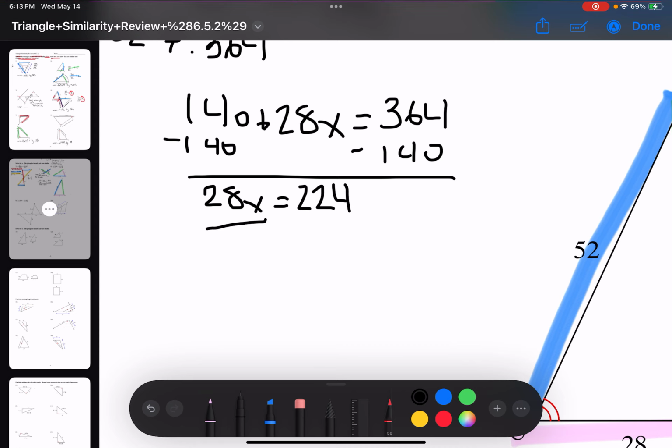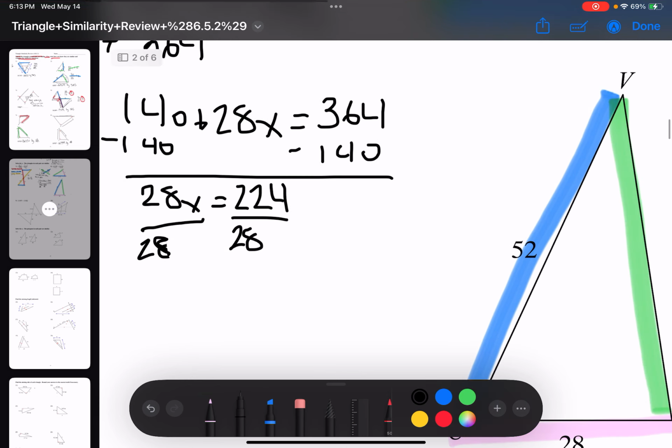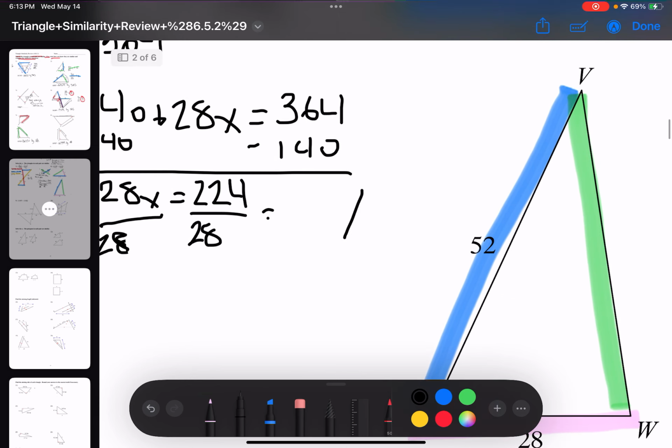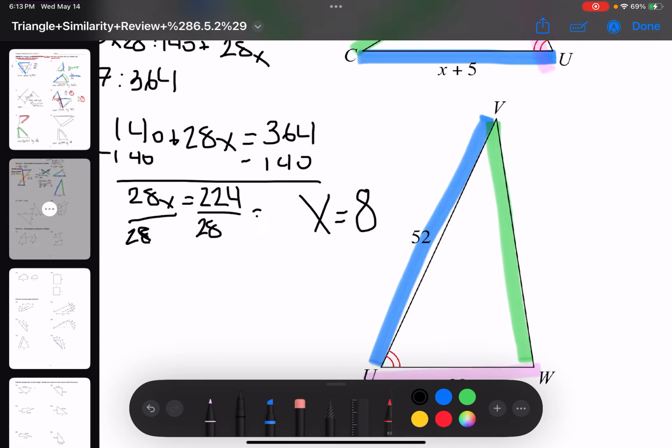And now to solve for x, we need to divide. I don't know why I put that in. That's a 28. Divided by 28, which equals x is equal to 8.